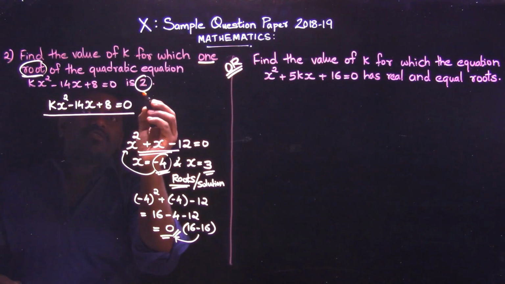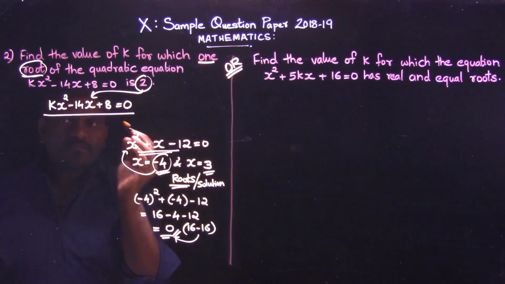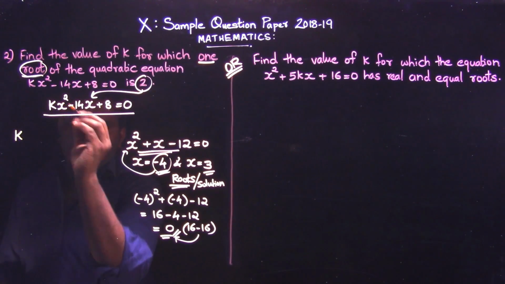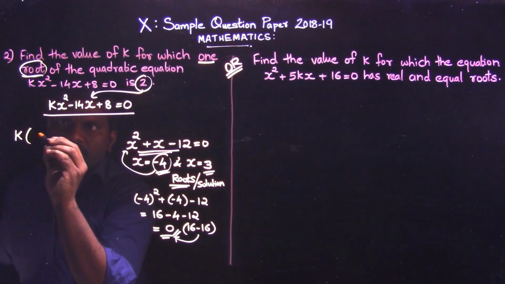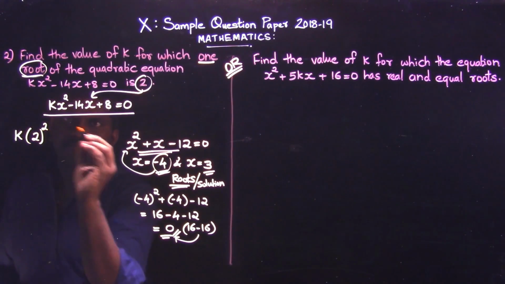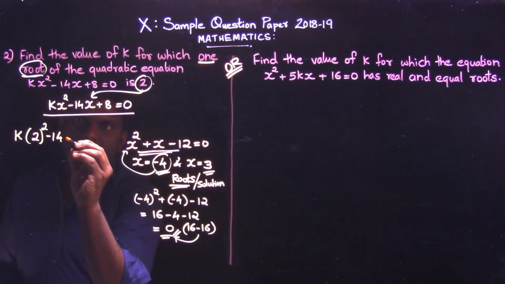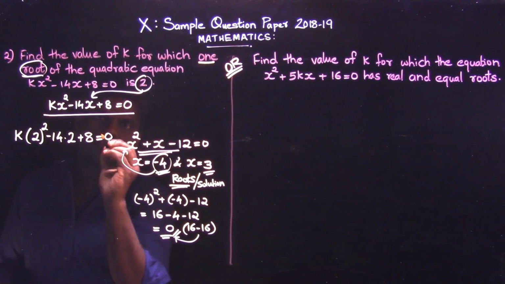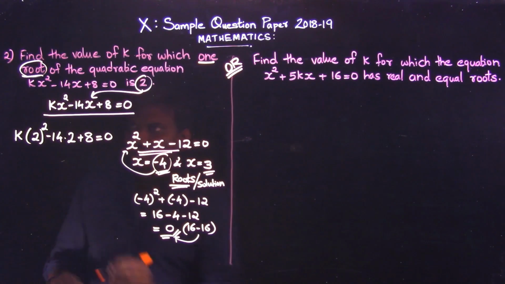You need to simply do what? Substitute the value of 2 in the place of x. So what I will get here is k in the place of x square, 2 square, minus 14 into 2, plus 8 is equal to 0. Fine.